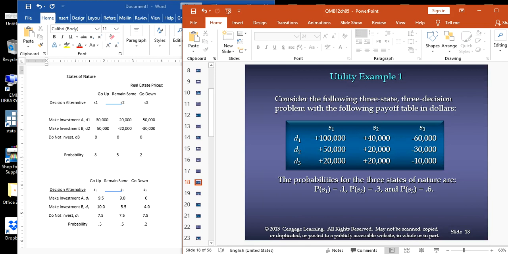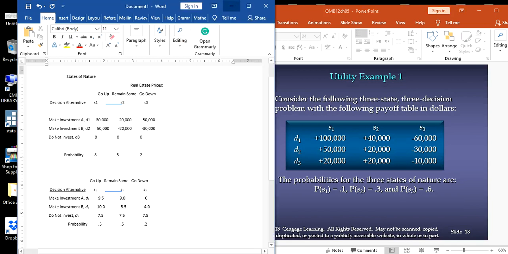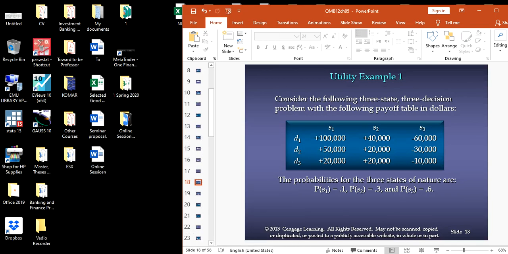Okay, so here's another example over here. Given 3 situations and 3 outcomes, we have 3 decisions over here as well, and probabilities are given here. Decision 1: $100,000, $40,000 in the second state of nature, or minus 60,000. Decision 2: 50, 20, or minus 30,000.